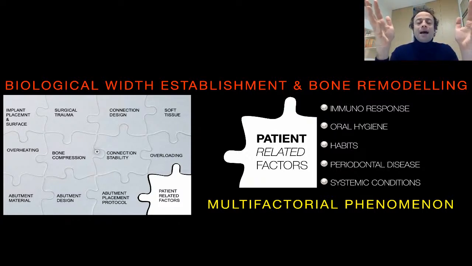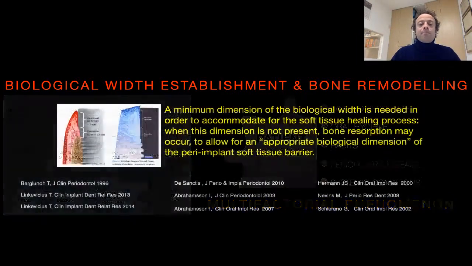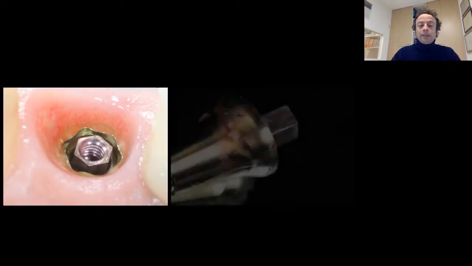How many times do we have really strange radiological evaluations in some patients where maybe all the surgery, all the prosthetic situation, and in particular maybe also the patient environment seemed really good. But sometimes we can observe a little bit of bone remodeling.